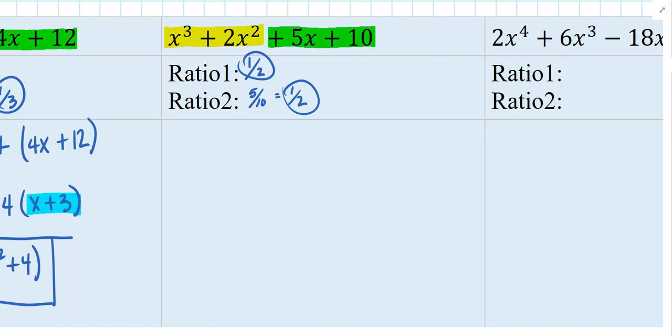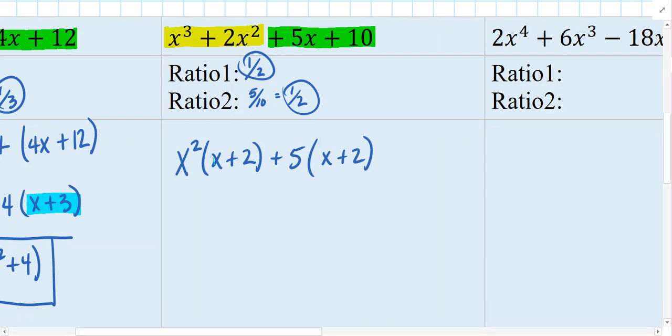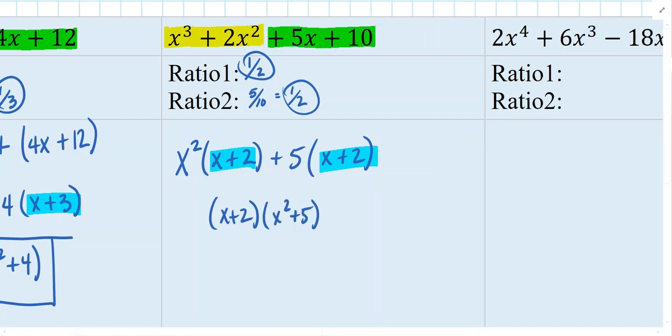Find the greatest common factor of each pair of terms. Then factor the binomial from each term that remains. And now we have the factored form of the original polynomial.